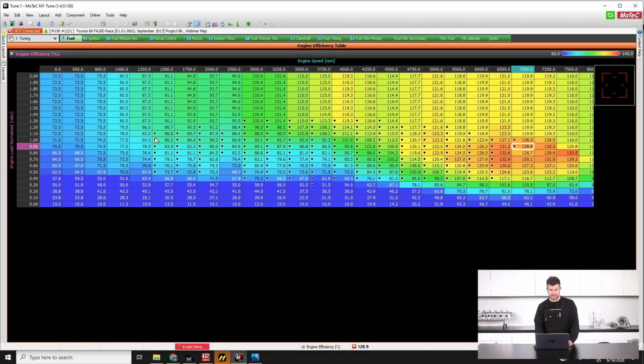So you sort of end up taking a bit of a funny line through the efficiency table, and it's more important as well to actually look at your logging and log that pressure ratio item to decide whereabouts in the table you are running. This allows you again to pinpoint the areas that you need to make adjustments to. So it's not initially an intuitive system to use, I'd have to say that, but I have found that it is very effective.